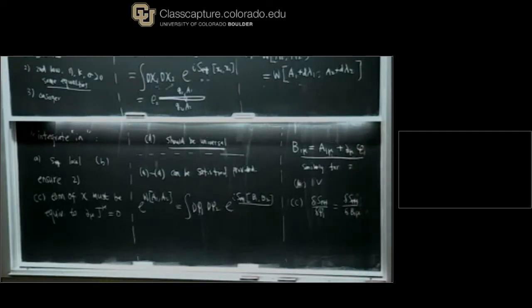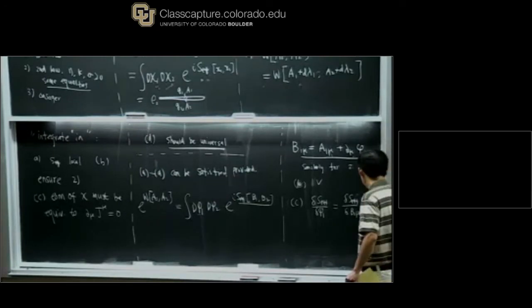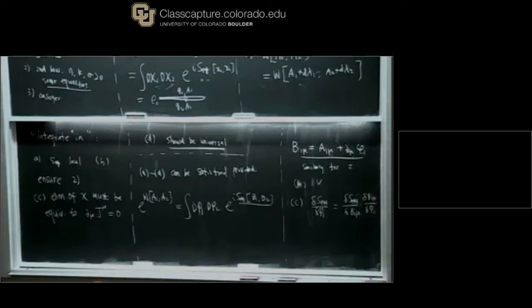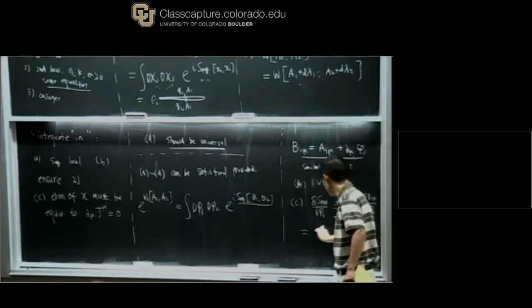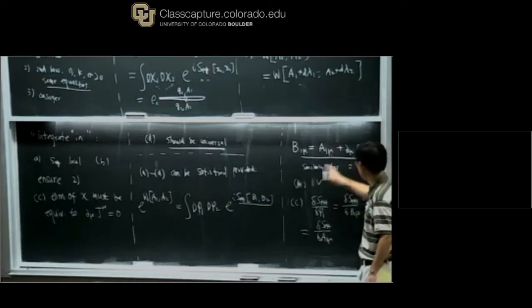And on B, take the derivative over phi 1. By definition, the first one just becomes the derivative over A, because B is equal to A plus that.